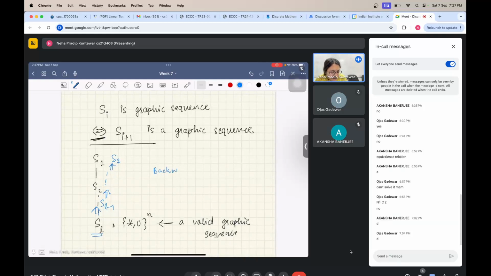So why do you even need the forward direction then? Is it not enough to just do the backward direction?